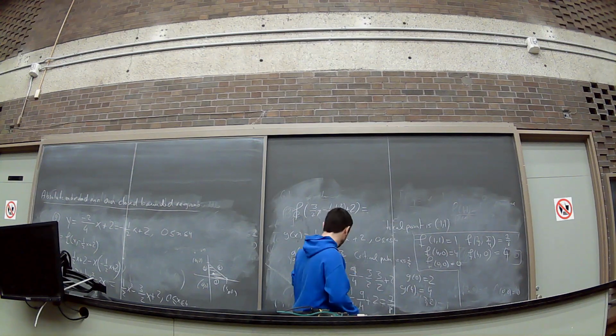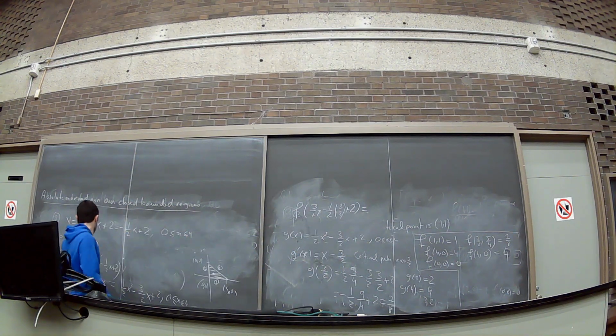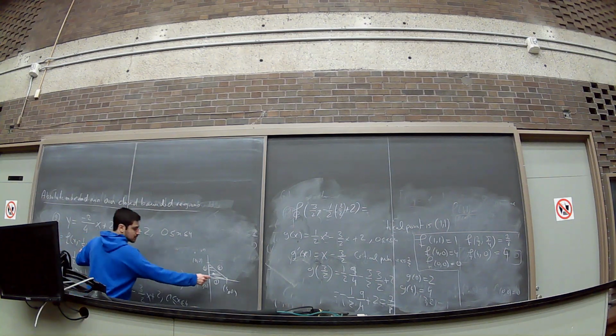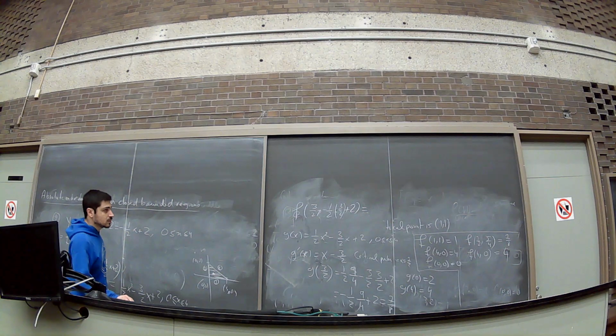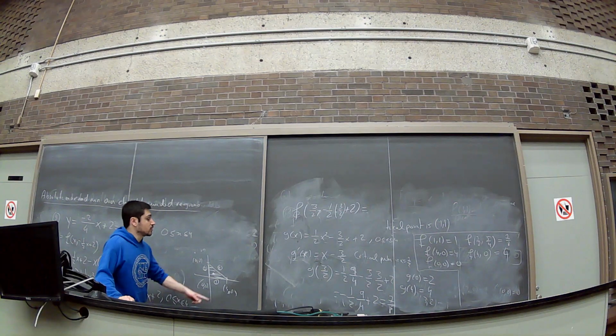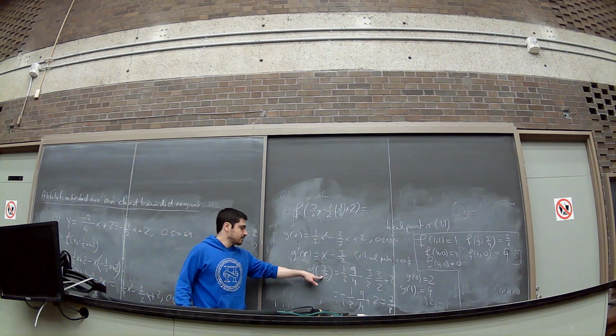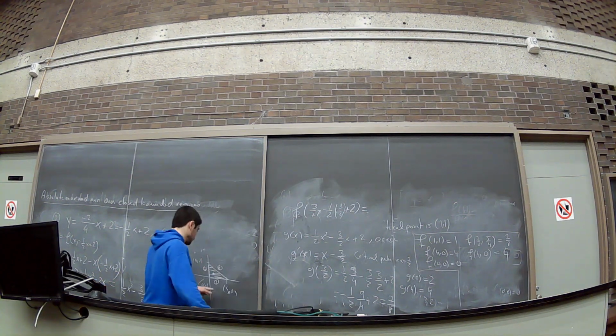Okay? Now, let's recall that I need an x and y coordinate, not only an x coordinate. So if x is equal to 4, what is the value of y? It is 0, right? And if x is equal to 3 over half, what's the value of y?